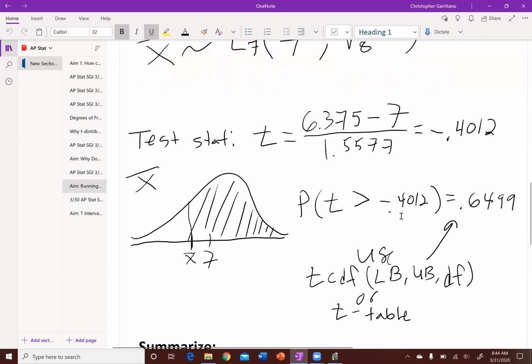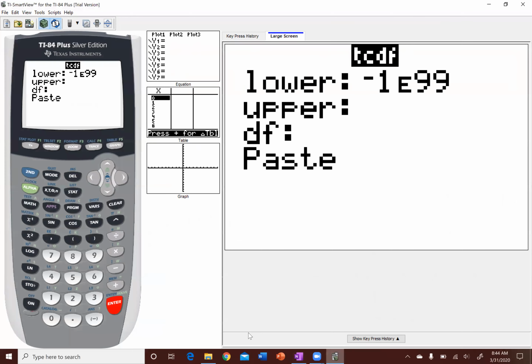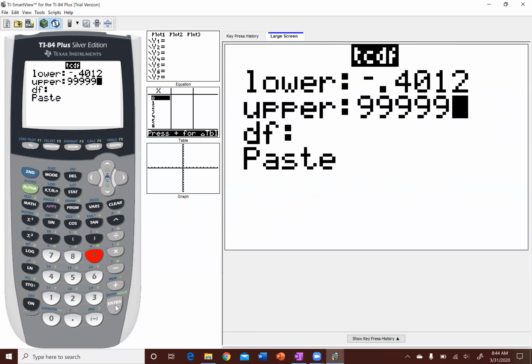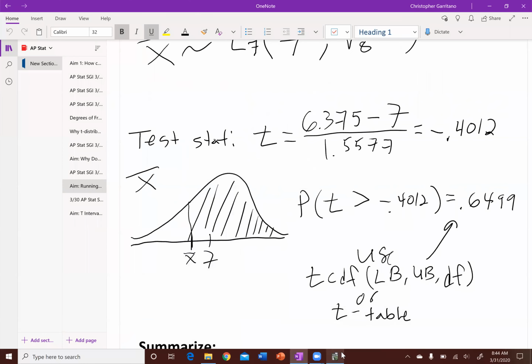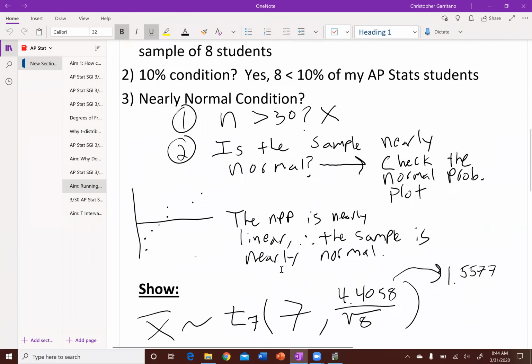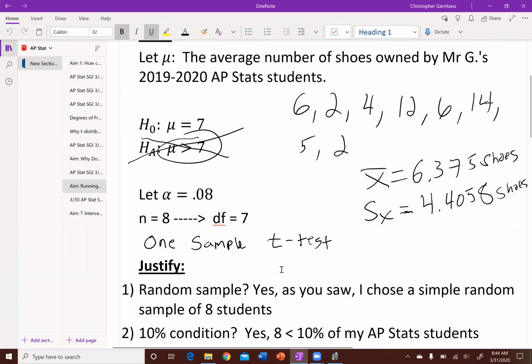So my lower bound is going to be this negative 0.4012 number. So let me enter that, negative 0.4012. My upper bound will be some large number, 99999. And then my last input will be the degrees of freedom, which was 7.